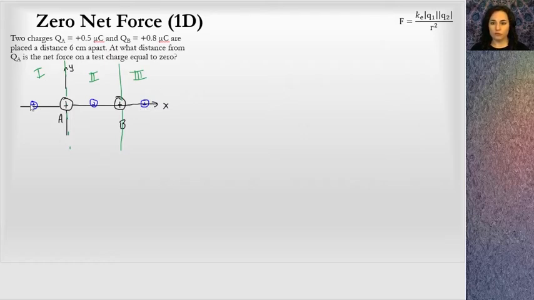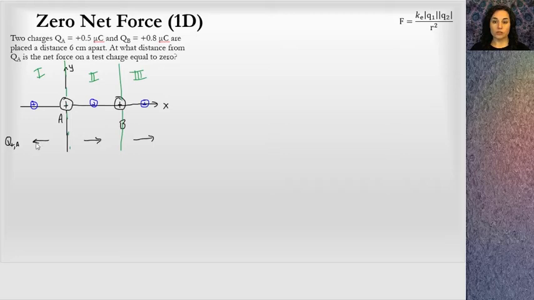So let's look at the force from QA. So this is going to be on the positive test charge from A. In region 1, they're repulsive, so the force would be in this direction. In region 2, I can see that this positive charge is still repulsive, so it'd be in this direction now. And in region 3, the positive charge A will exert a repulsive force on the positive test charge.